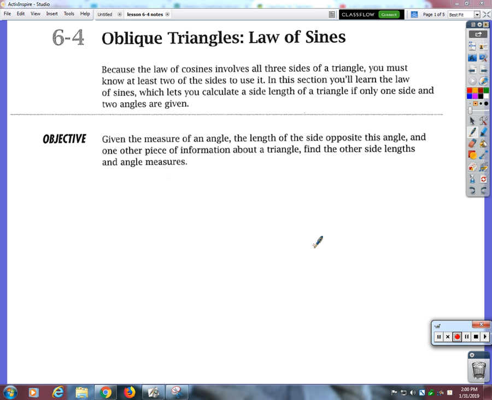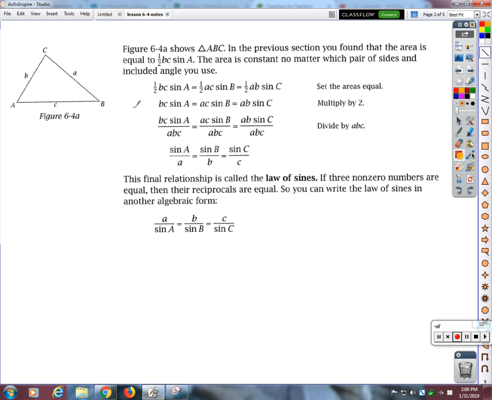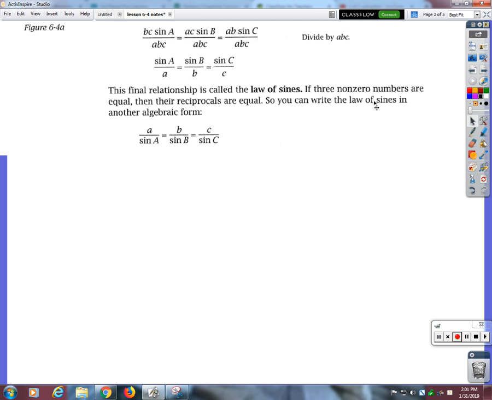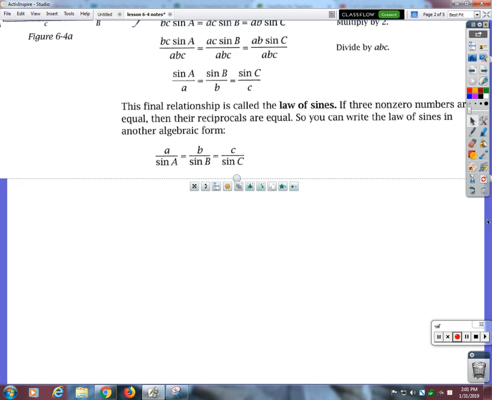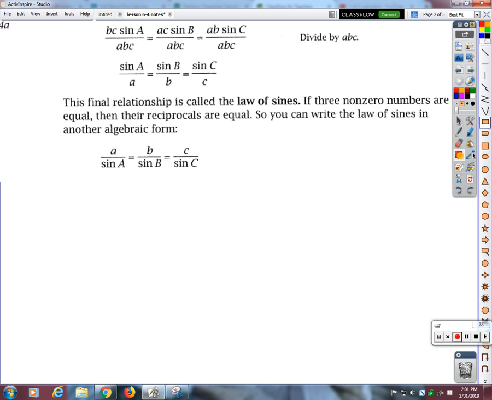All right, so here's what's going on with the law of sines. It is three ratios that are all equal to each other. You don't have to use all three of them, and you can flip the whole thing upside down if you want.